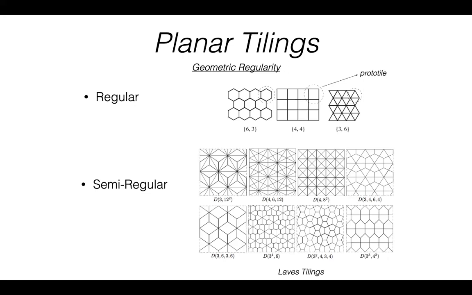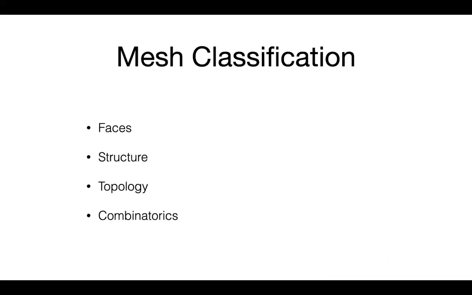And this is indicated in this code. Like here we have a tile that has a 4 valence and 8 valence, and so this is a 4-8 tiling, and the same for these other ones, right? And this also is semi-regular, because if you look at them, you see that they have similar regularity properties, but not strict like that. And this is also very important for subdivision surfaces and other things that we are going to discuss further. And then we need to consider how to classify a mesh.